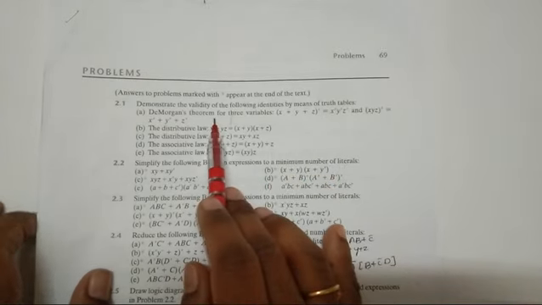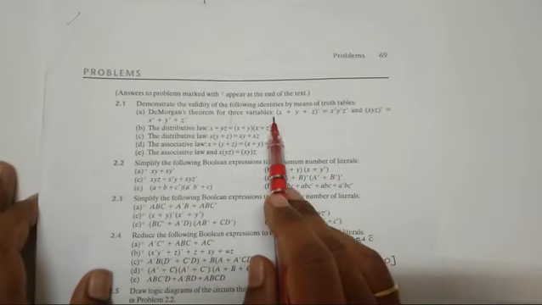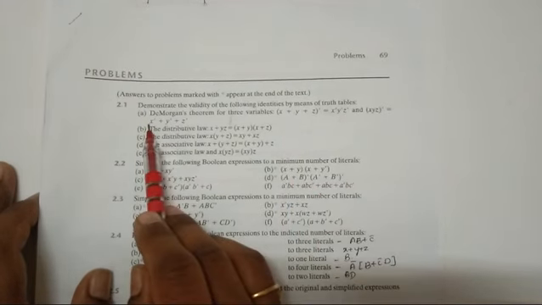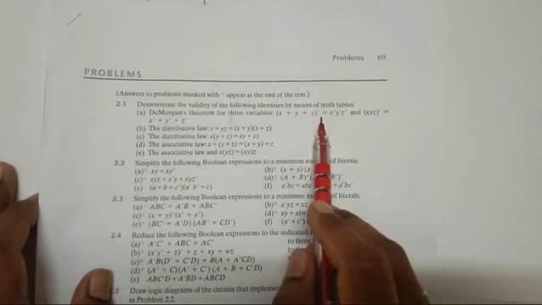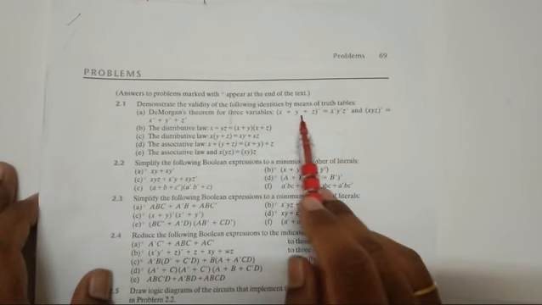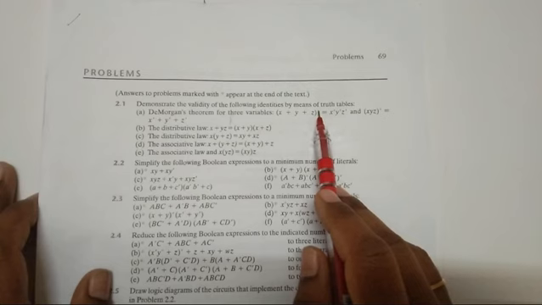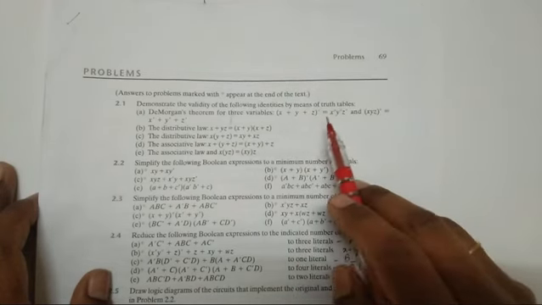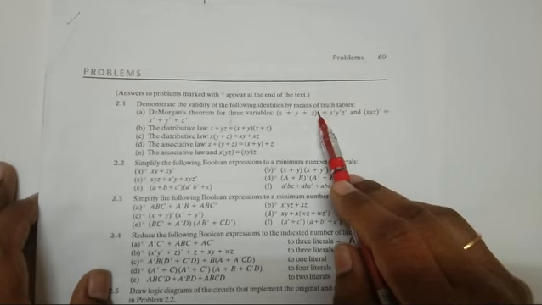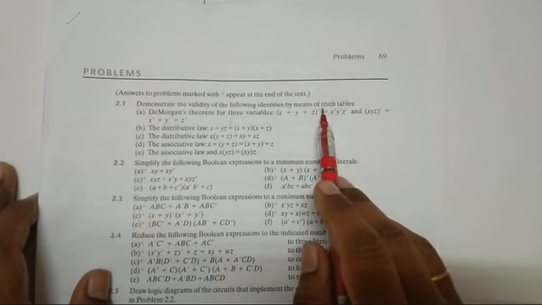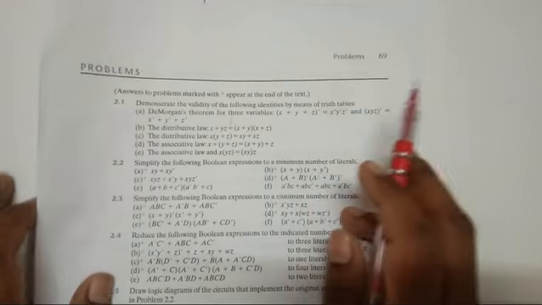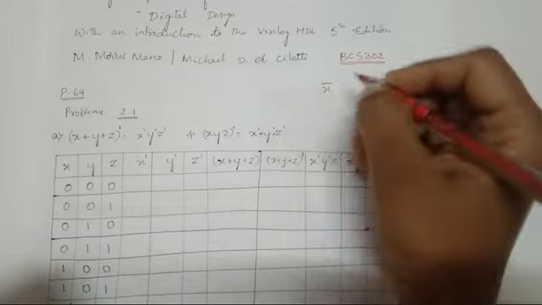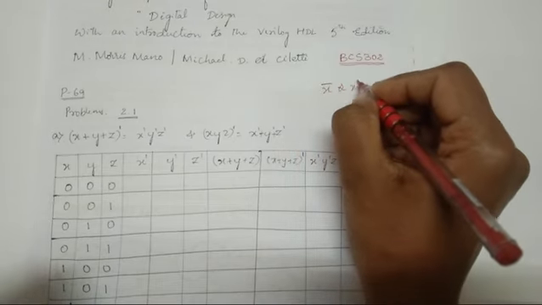De Morgan's theorem for 3 variables. He has given both statements for 3 variables. The bar here means complement; you can write a bar or a dash, x bar or x dash.